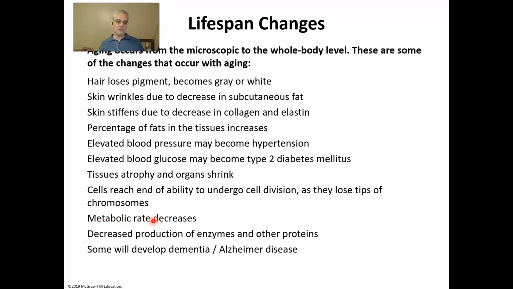Right, lifespan changes. You're going to see this at the end of every slideshow. Lifespan changes. Of course, these are changes in the homeostatic set point of these particular changes. We call it aging. So aging involves these kinds of changes. We may not like those changes that occur.